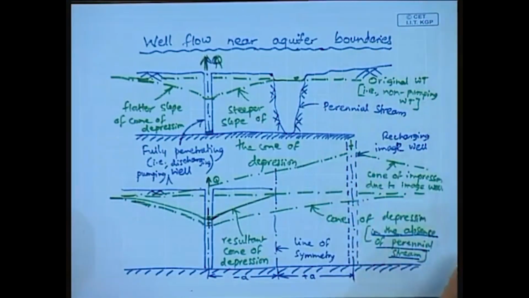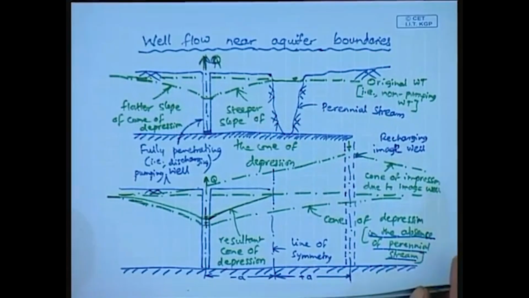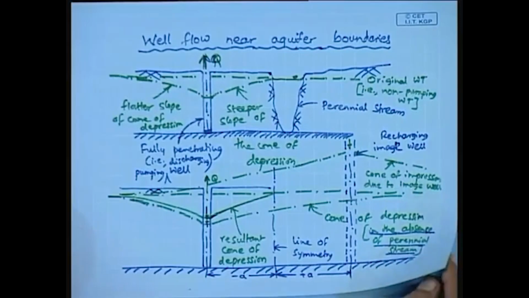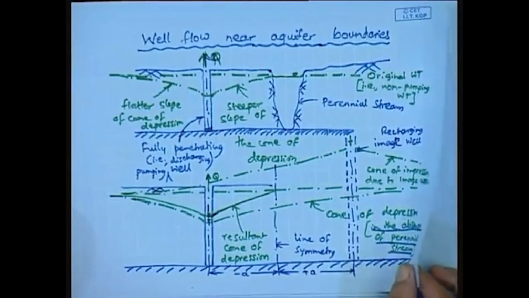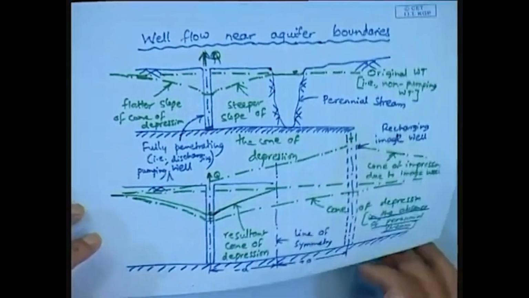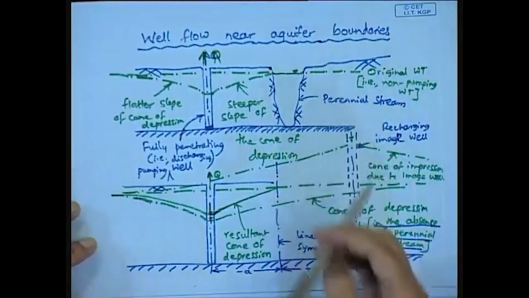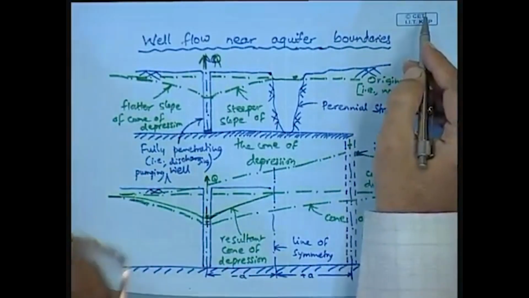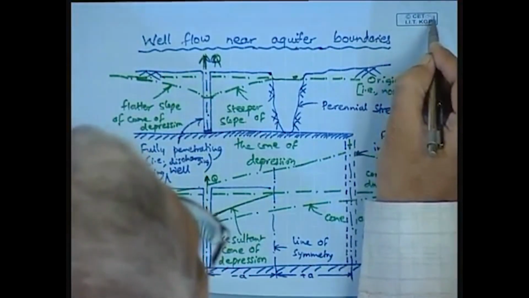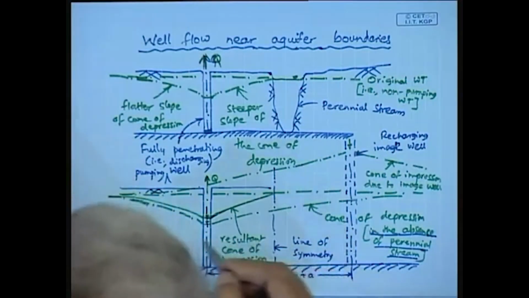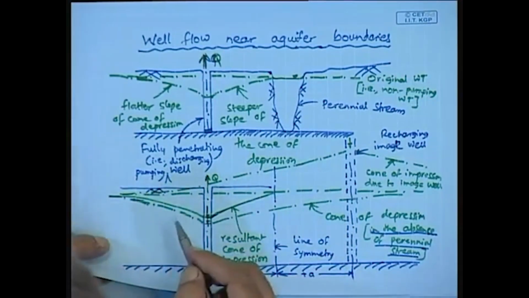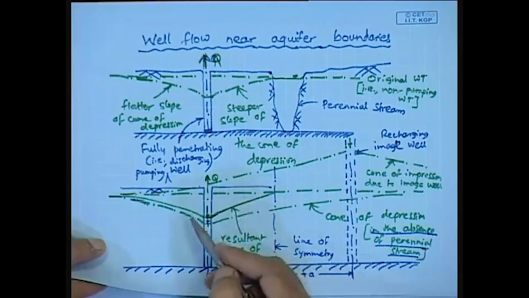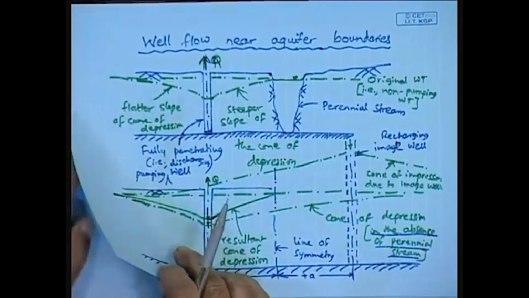So, because of the boundary, in this case the near boundary of the perennial stream, the cone of depression will show unsymmetrical slopes, a steeper slope towards the stream and a flatter slope away from the stream.